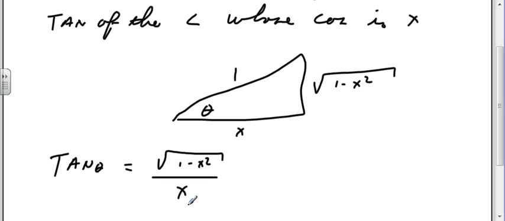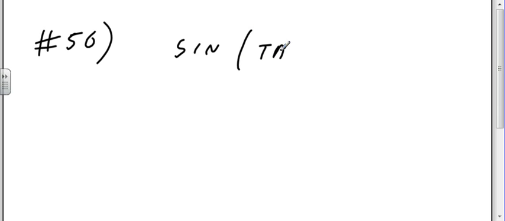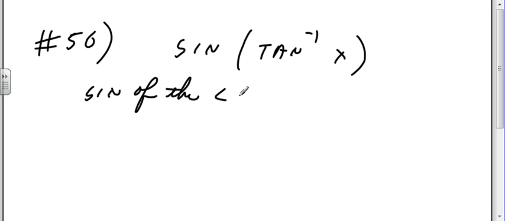Do 56 next. We have the sine of the arctangent of x. So I want the sine of the angle whose tangent is x.